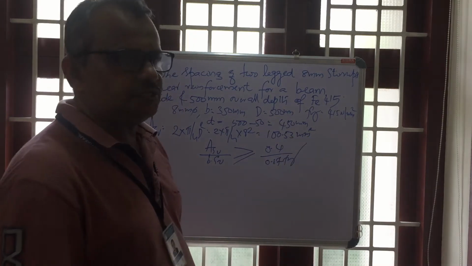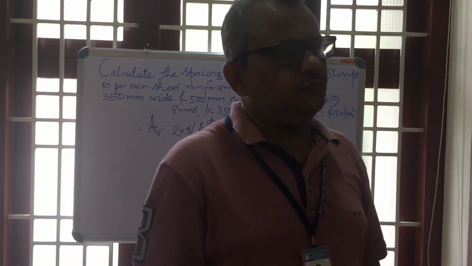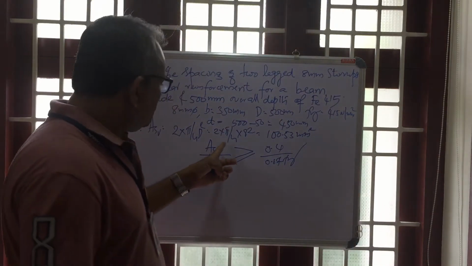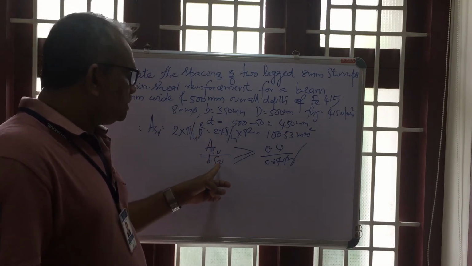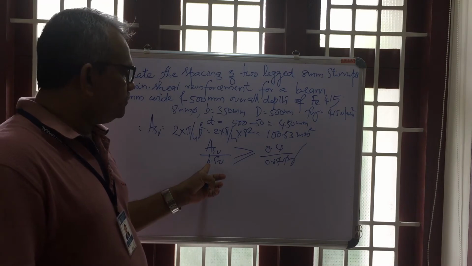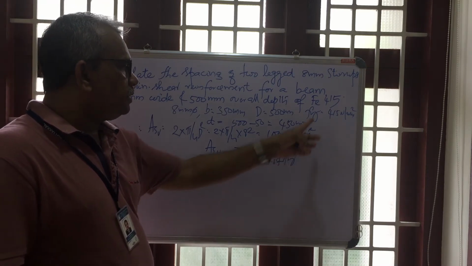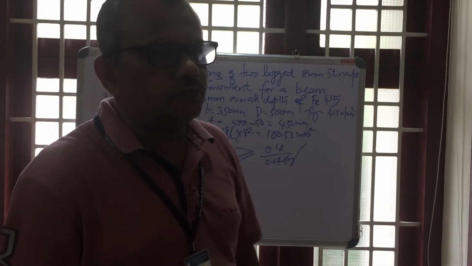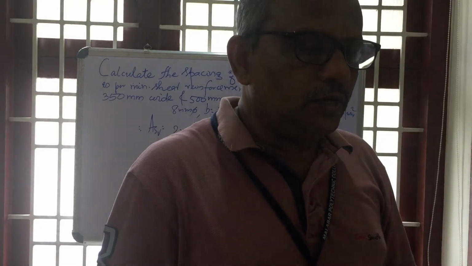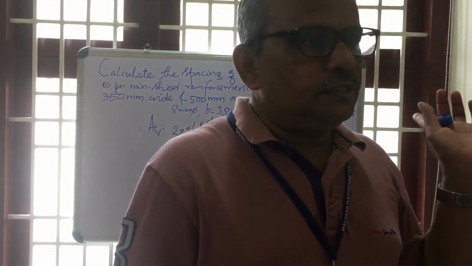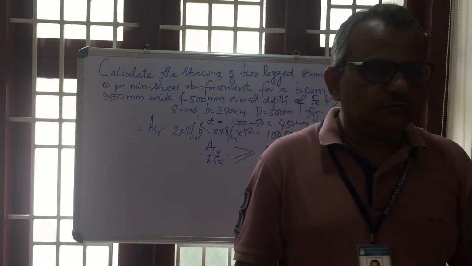So this relation is given to find out the minimum vertical shear reinforcement. Asv is the area of shear reinforcement, b is the breadth of the beam, Sv is the spacing of shear reinforcement, equal to 0.4 divided by 0.87 Fy, where Fy is given as 415 Newton per mm squared. Okay, so by using this formula you can find out the spacing of bar.